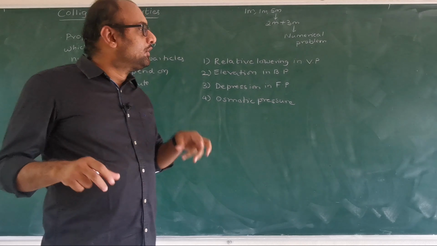B means solute, remember this. A means solvent. So WB is equal to 0.5 grams. Then the mass of solvent benzene is WA, equal to 39 grams. Then the molar mass of the solvent, MA, is 78 gram per mole.